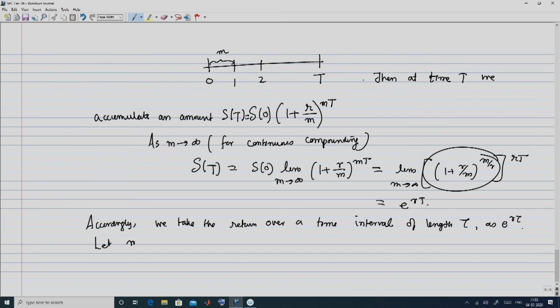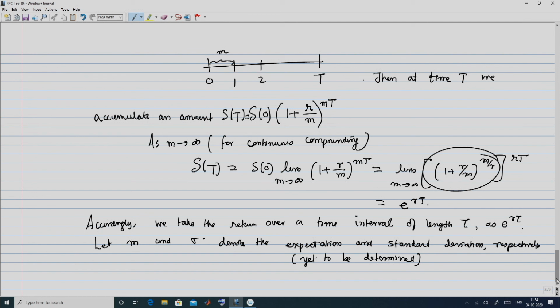Okay, so, let m and sigma denote the expectation and standard deviation respectively, and these are yet to be determined. Remember, at this point we do not know what m and sigma are.